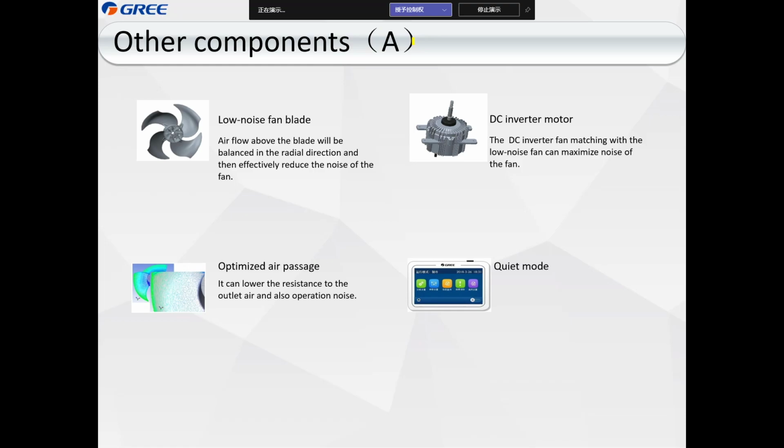The A series we mainly developed for the Euro market because since 2021, the EU directive has raised its requirement for modular chillers. All the SEER must reach 4.1. So we developed the A series.